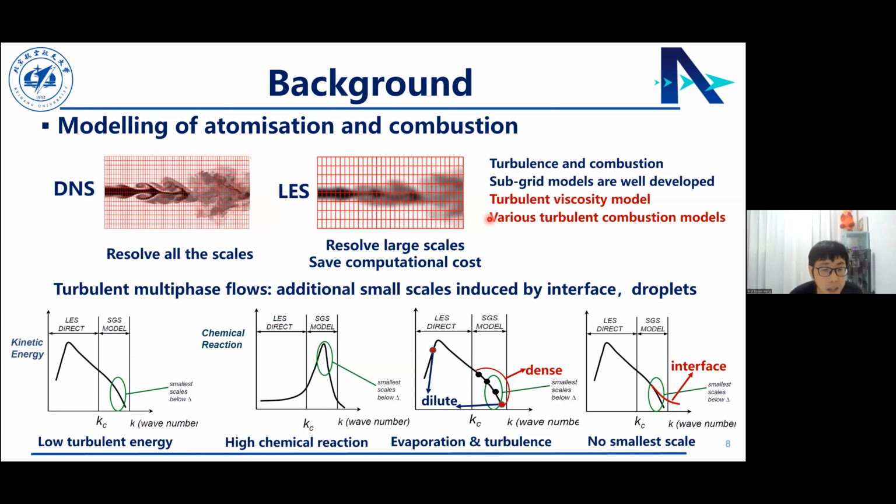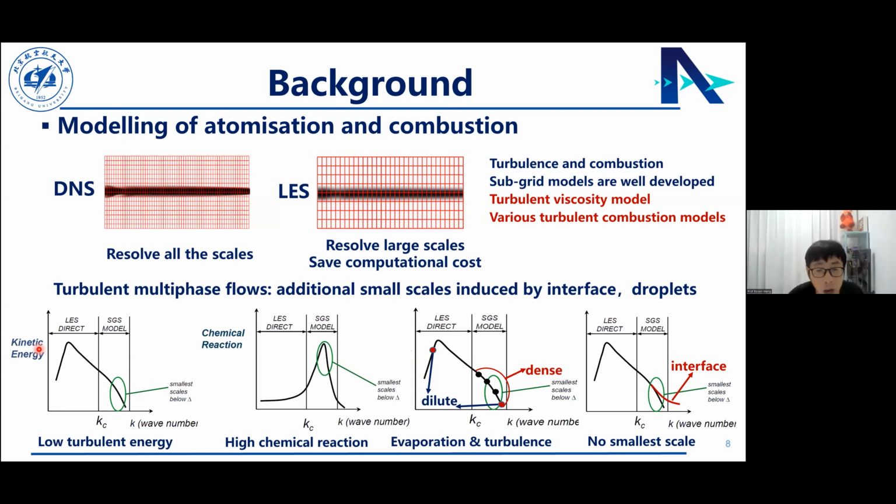We can use the von Karman-Pao spectrum to give an interpretation. This is a single phase flow. In turbulence and in LES simulations, about 80% of the energy is resolved, and the SGS model only models the remaining 20%, a very low turbulent energy.